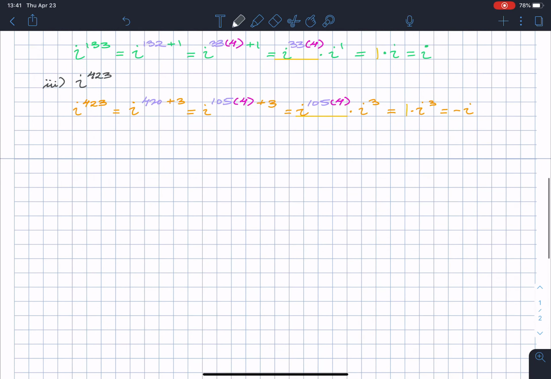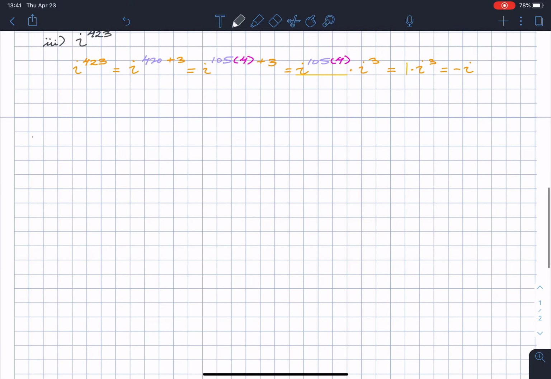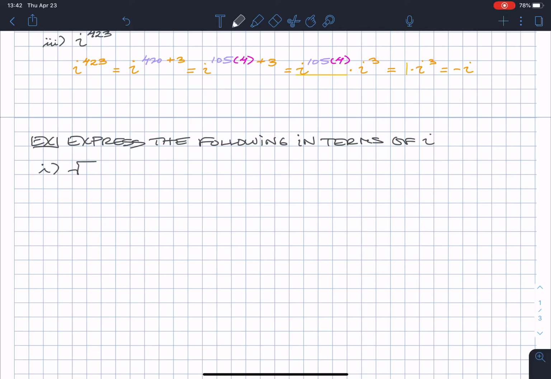Okay, so now let's do some examples with numbers. For example, express the following in terms of I. Number 1, let's say I have the square root of negative 36.